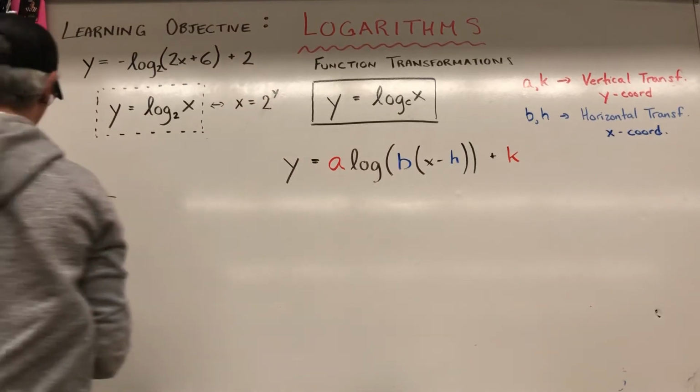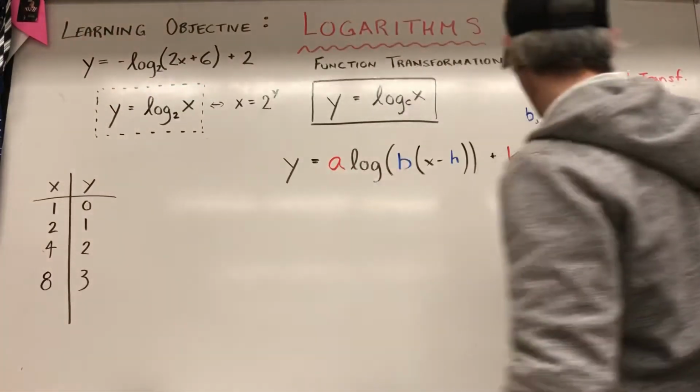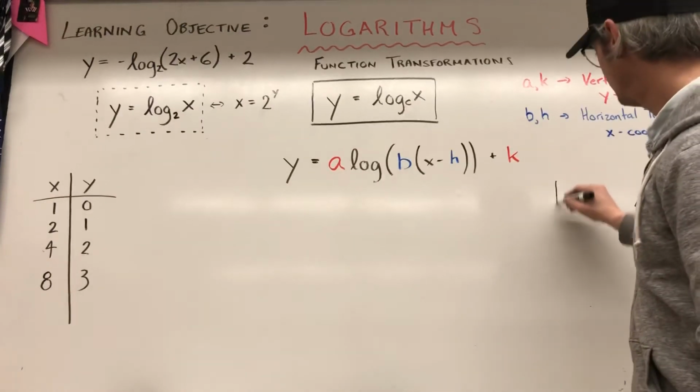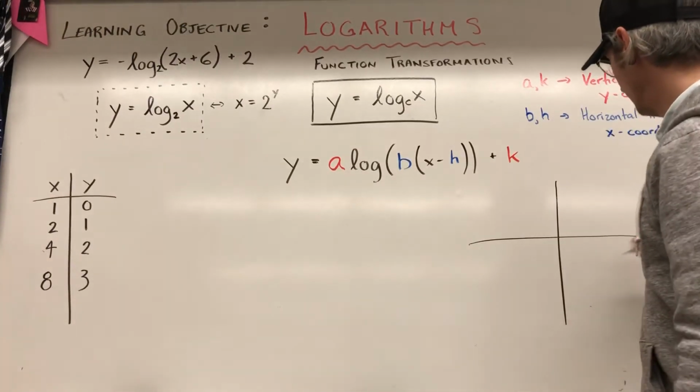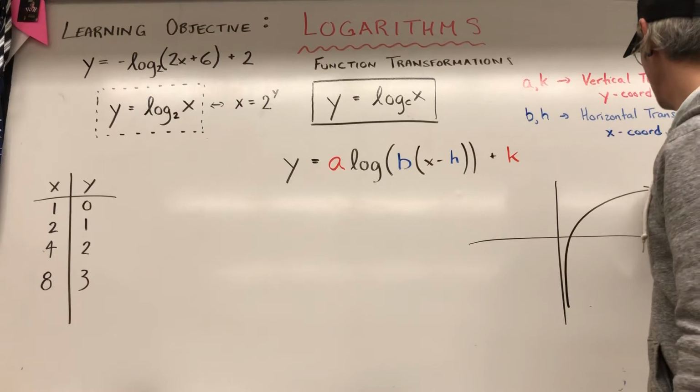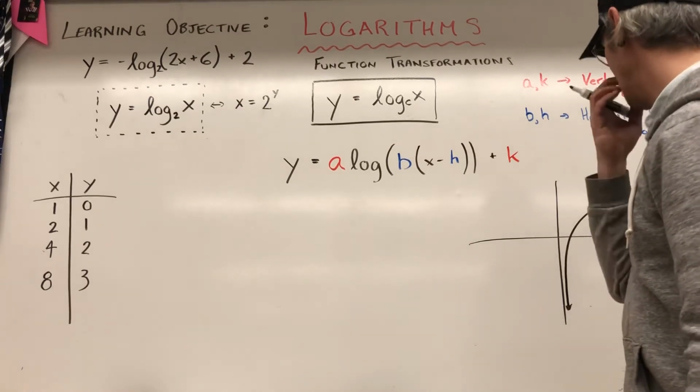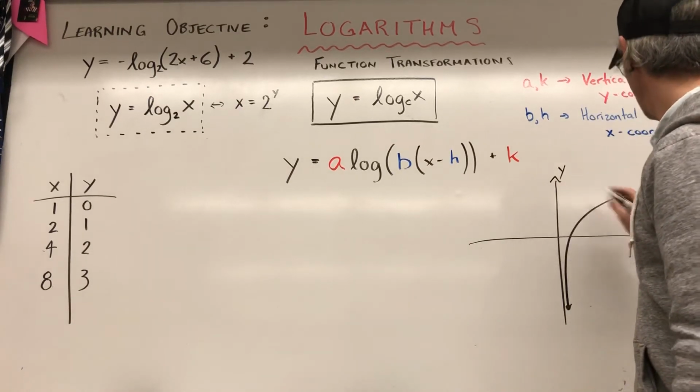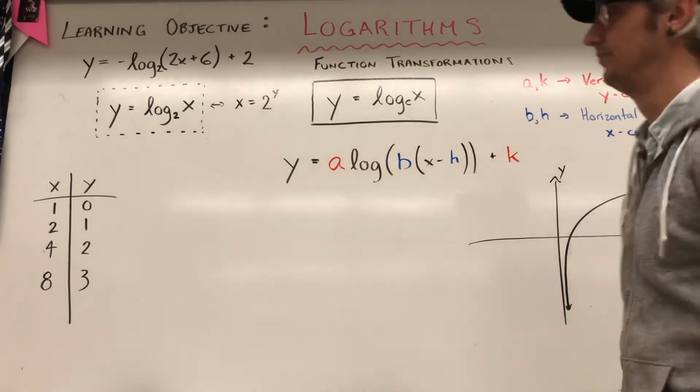There's my original function. And again, if I were to chart this, it would look logarithmic. It would look something like this. Okay, I am not a graphing calculator, but I'm working on it.